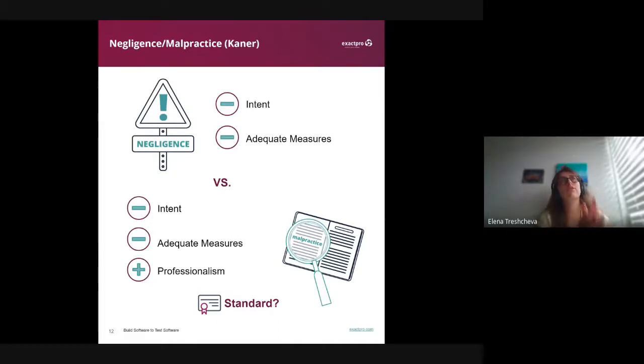And I think that from the legal point of view, there is also a difference in punishment, in punitive measures, which are applied in the first and in the second case. If we are talking about negligence, it is more connected with financial compensation. We will need to compensate for the loss, and maybe pay some fee for not following the standard procedures.